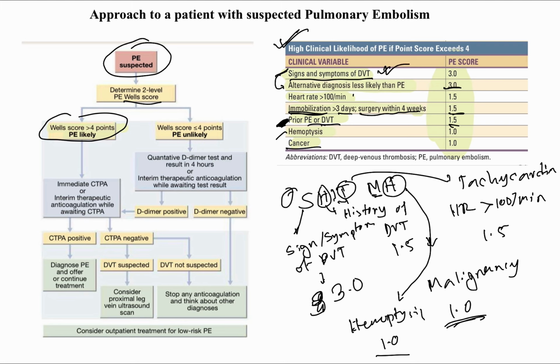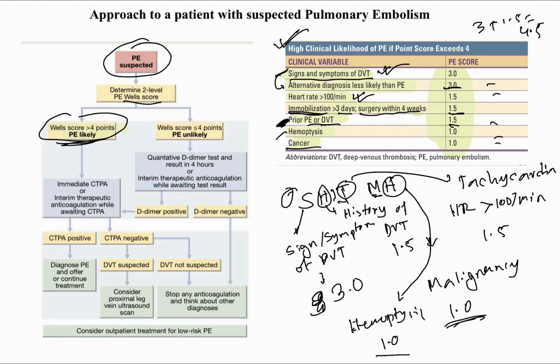He also has a heart rate of more than 100 per minute, and he does not have any other sign symptoms or any other history. So his score would be 3 plus 1.5, which would be 4.5. So it is more than 4, so pulmonary embolism is very likely in his case.